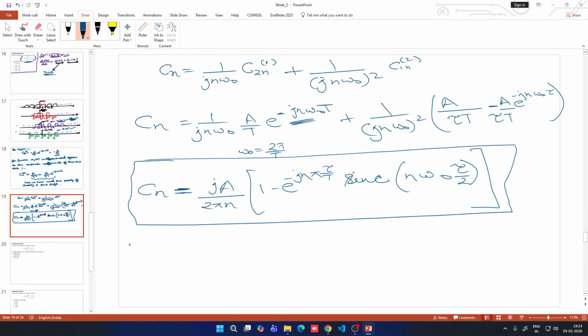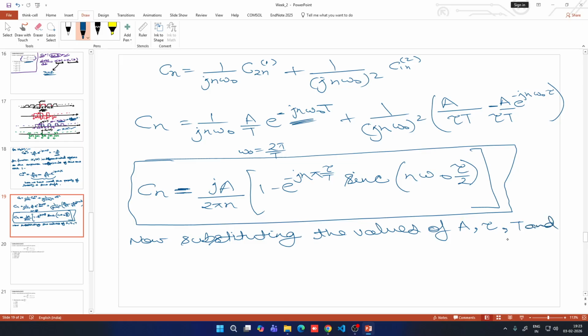Now we are substituting the values of a, tau, t and n in the above equation. We will get C2, because in the problem we already know the values of a, tau and t.